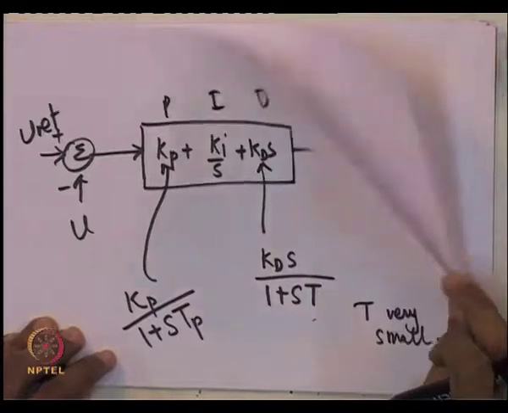Now, I have not really told you why this is a regulator transfer function. The reason is simply that you take the difference between the set point and the actual value and you try to amplify it, and change the output. So, why is it a regulator?